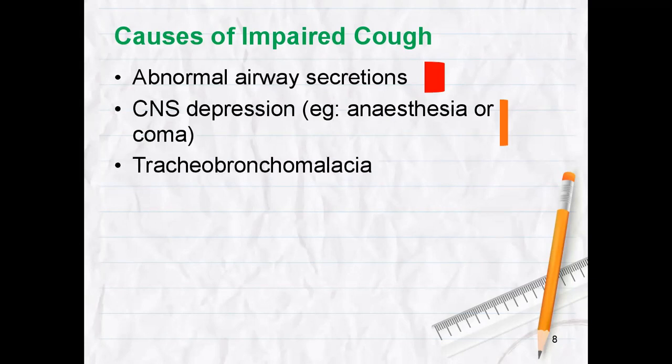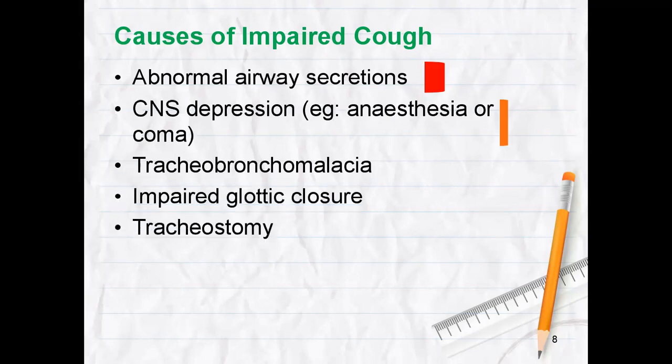Other conditions include tracheobronchomalacia, impaired glottic closure, and tracheostomy. These conditions directly influence the effector organ.